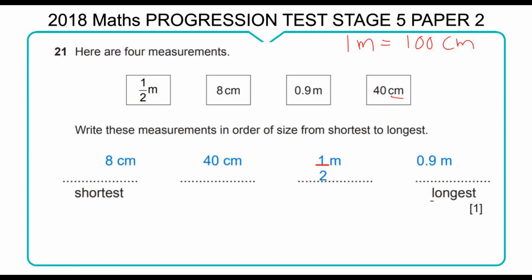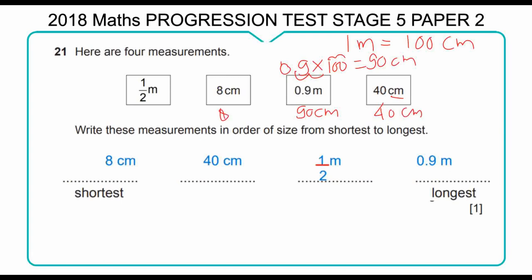So 0.9 times 100, we move the decimal 2 places because there are 2 zeros, so 90 cm. This remains 40 cm. This remains 8 cm.